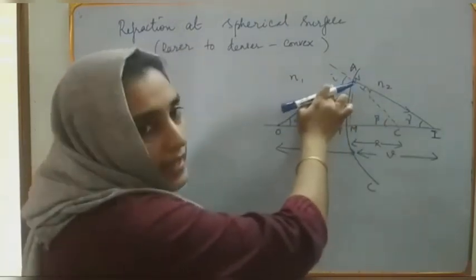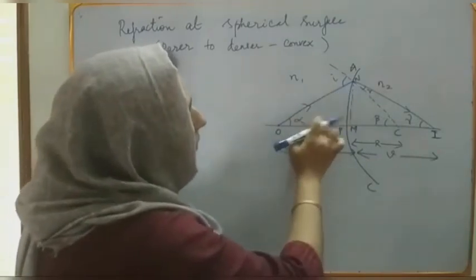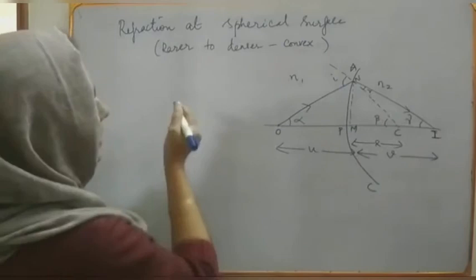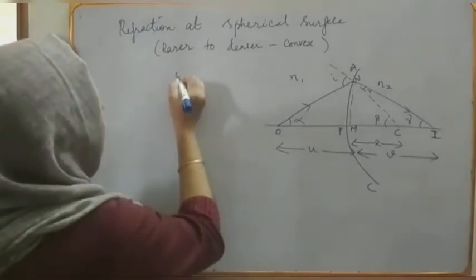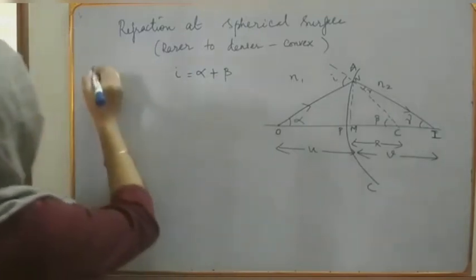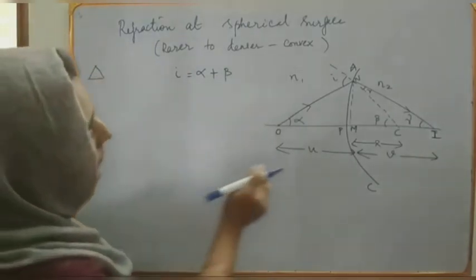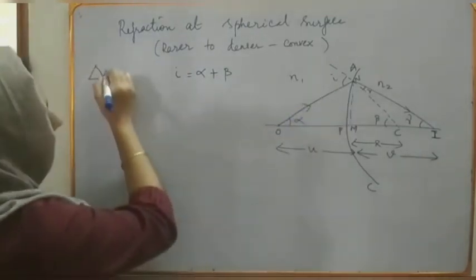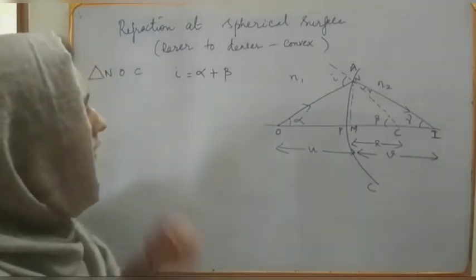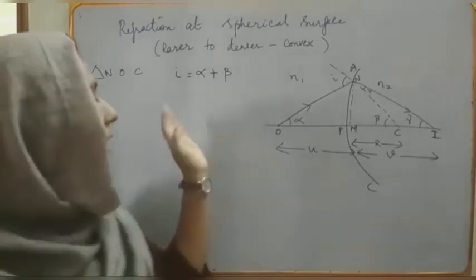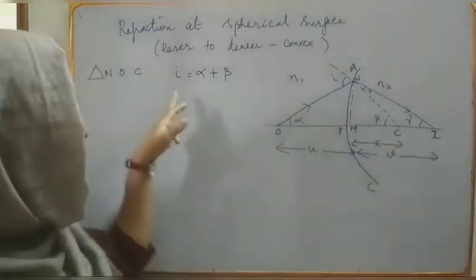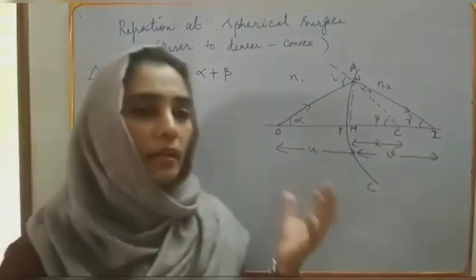Then I is the exterior angle and alpha and beta are the interior angles. Now we can apply geometry here. You can write I is equal to alpha plus beta by considering the triangle NOC.